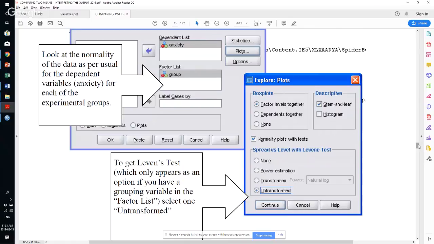Also, to get Levene's test, in the plots, I have to say I want untransformed Levene test. Click that.